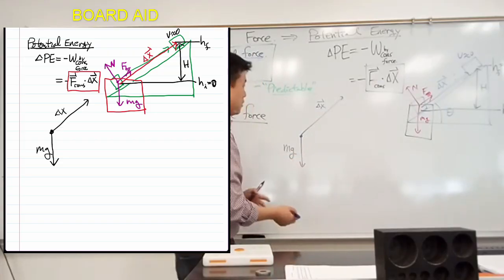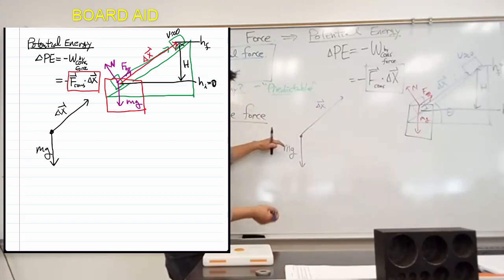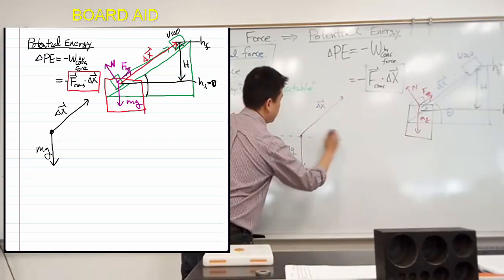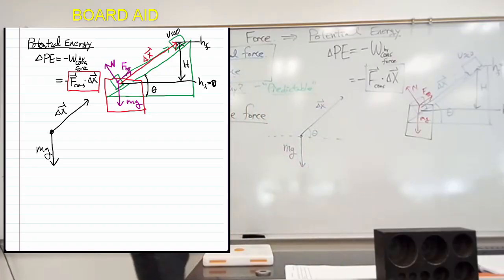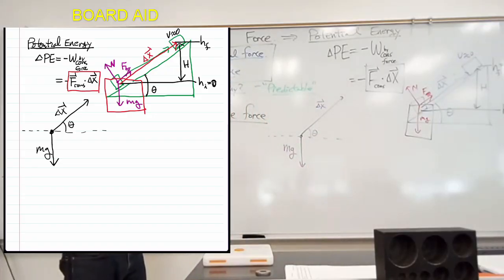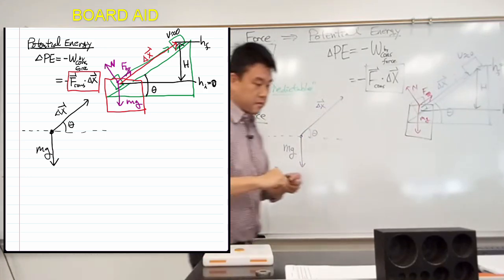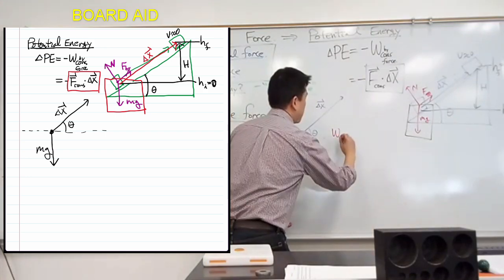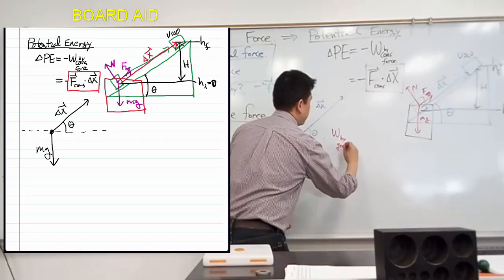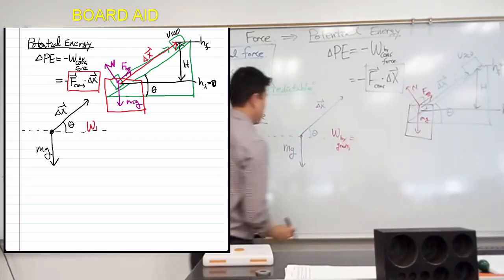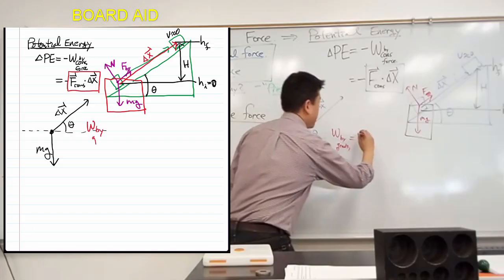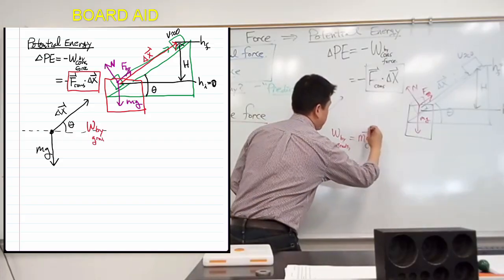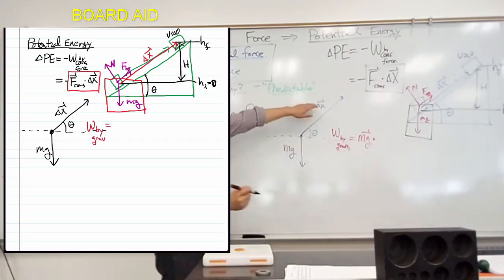To label that angle theta here, I need a horizontal here, and this would be theta. And so this is what the definition tells you, that the work done by gravity is equal to the force mg as a vector, dot product with the displacement.